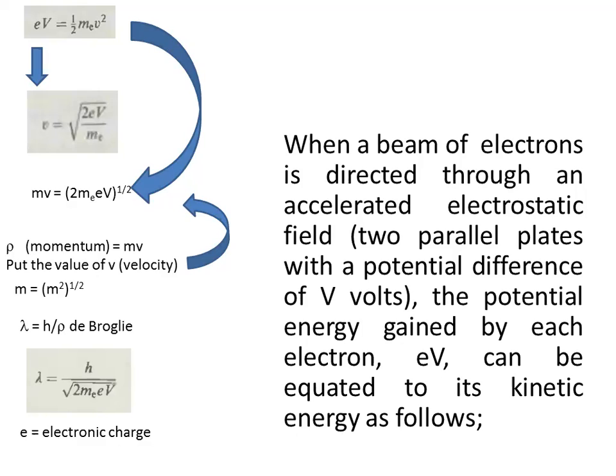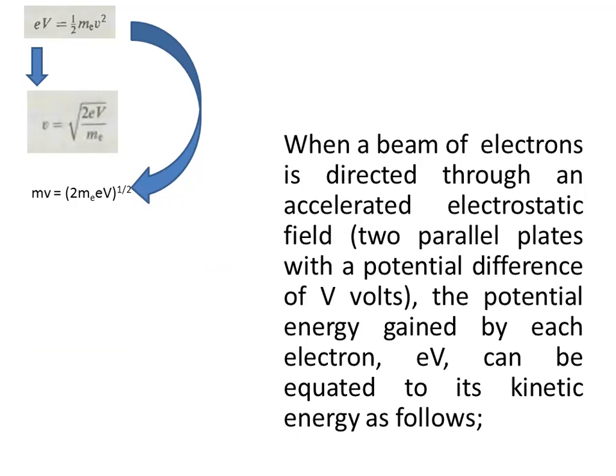Light you cannot control, okay, because light does not have charge, but the electron has charge. That's why you can control the acceleration or the speed or the velocity by using the applied potential. And this is the relationship between the wavelength and the potential. These are inversely proportional to each other.